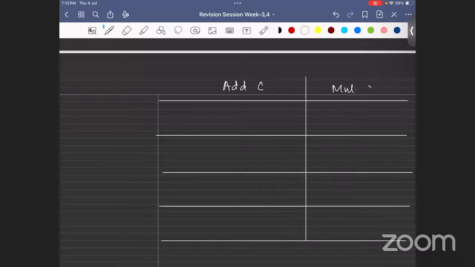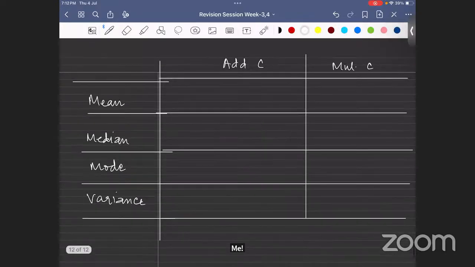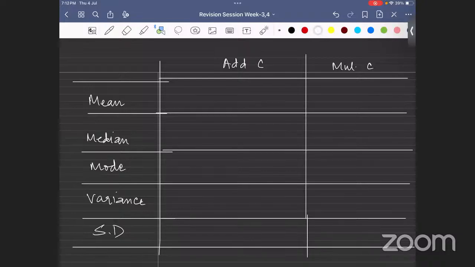Then multiplication with some constant C. Okay, so the first thing is mean.